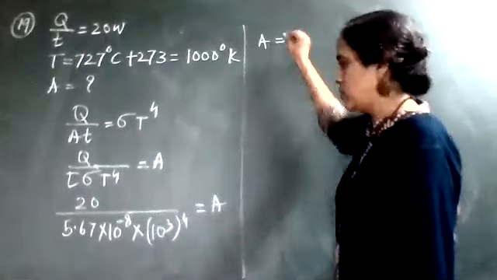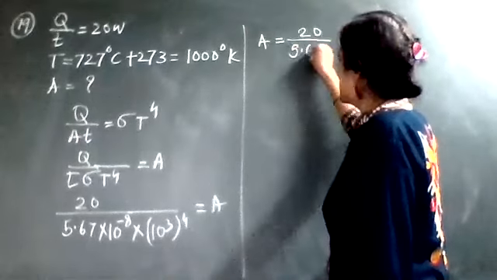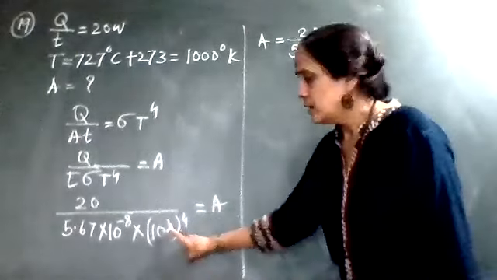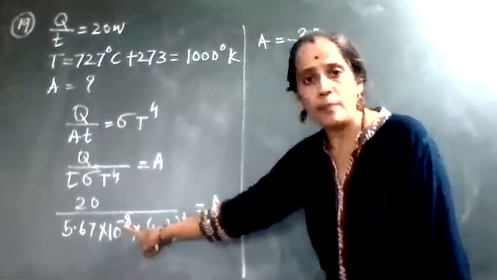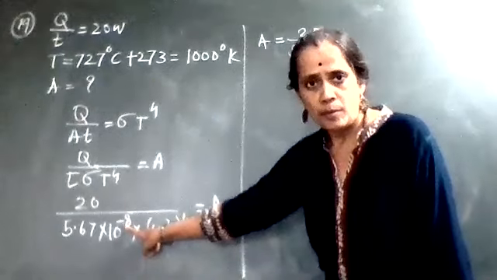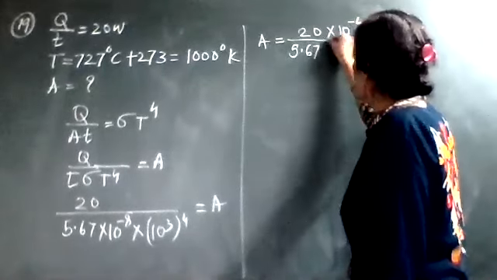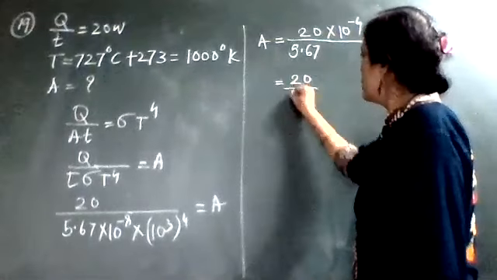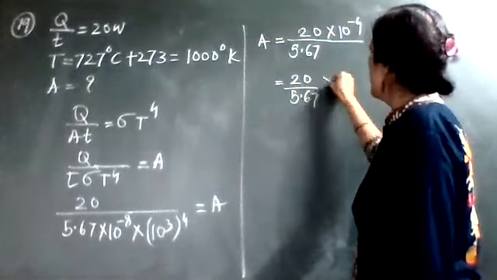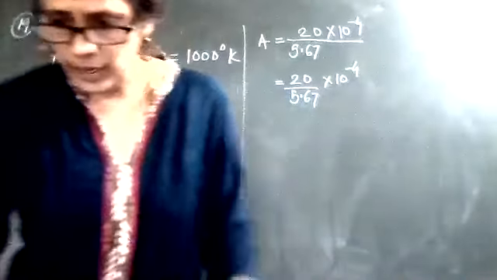So area is equal to 20 divided by 5.67, 10 raised to 3 raised to 4 means 10 raised to 12. 12 minus 8, plus 4. Plus 4 goes into the numerator, it becomes minus 4. So here 20 divided by 5.67 into 10 raised to minus 4, that I want to calculate.